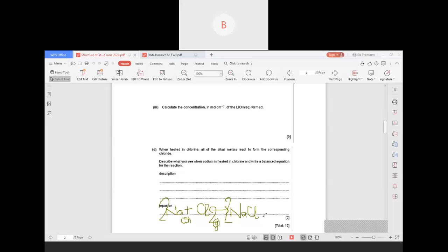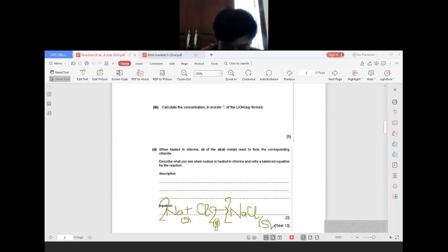And then what is the state for sodium chloride? Solid. Sodium crystal is very reactive. It can explode with water vapor. But sodium chloride is unreactive and has a very high boiling and melting point.